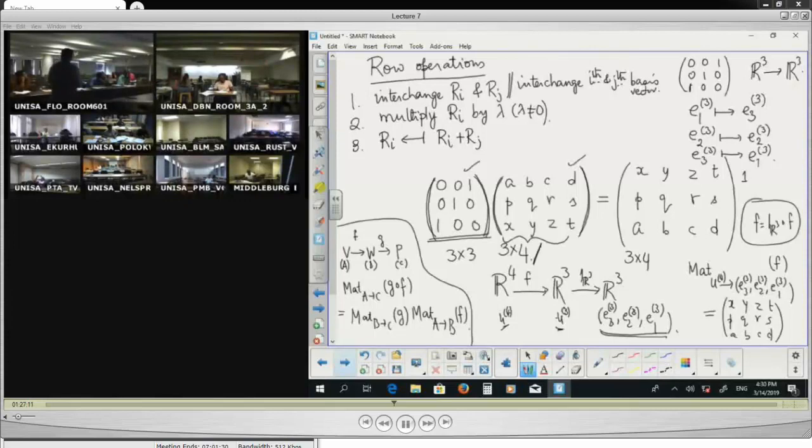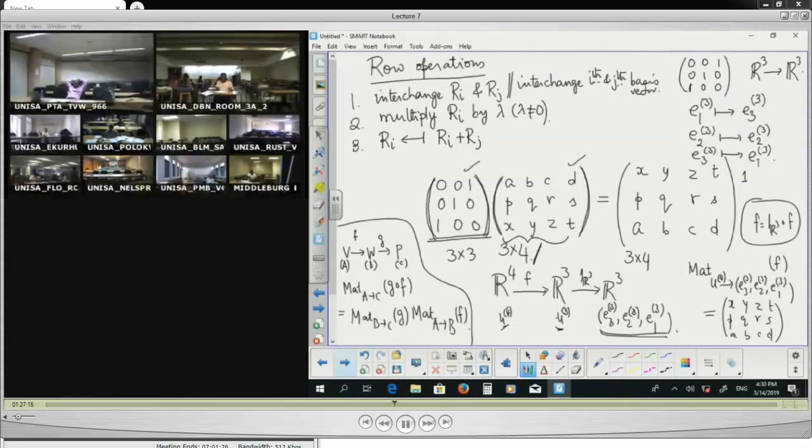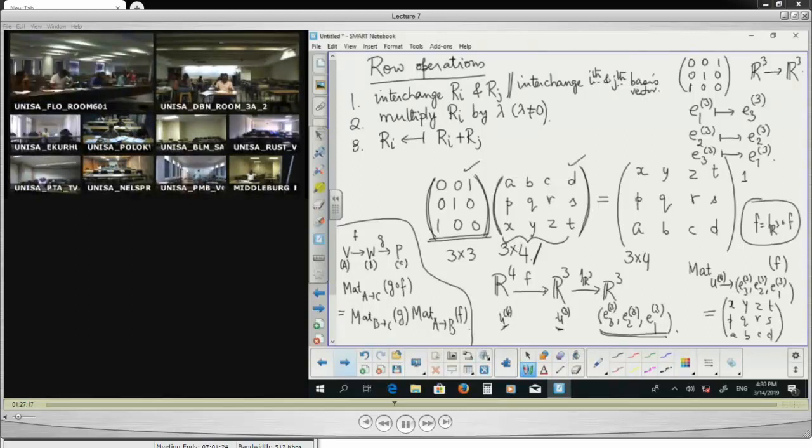There's always the matter of mastering the matrices. If I say 3 by 4 multiplied by 4 by 4, no. The row operations do multiplications on the left, not on the right.